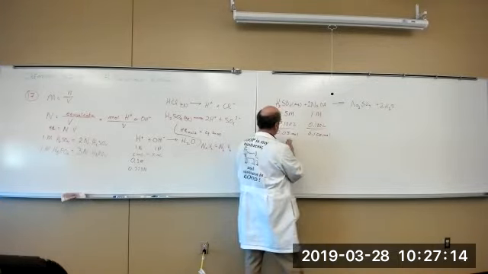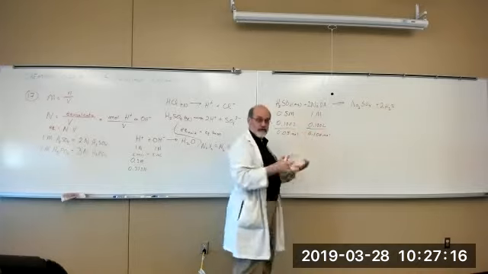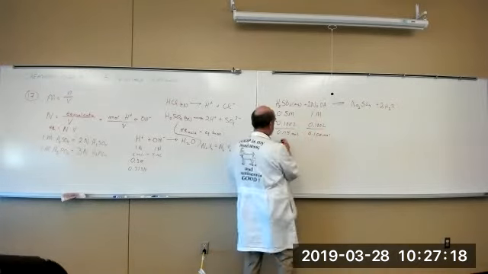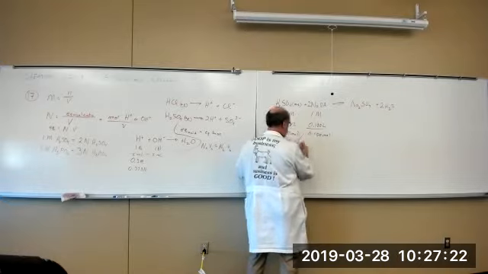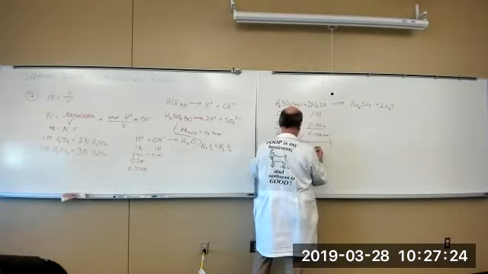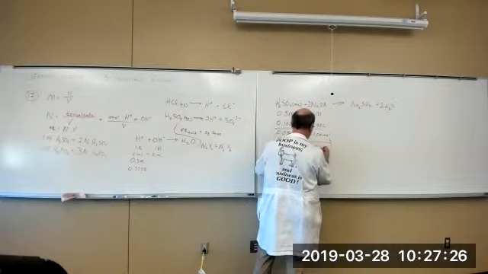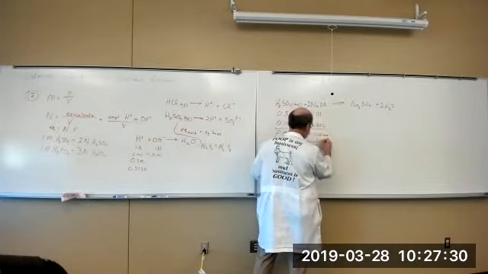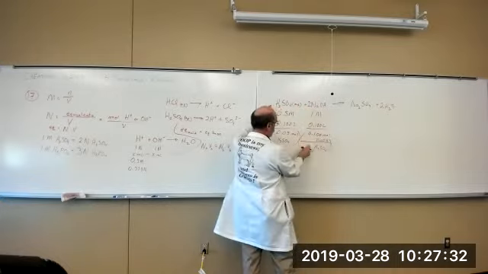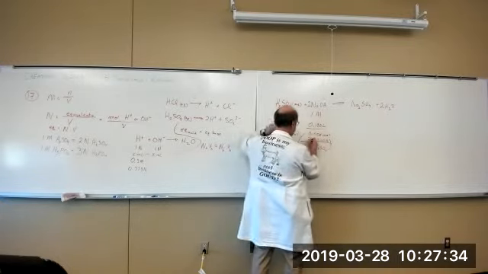So, what's the ratio? Well, if we want to convert this one to that one to see if they're equal, you just say this one right here and do your conversion. So you have H2SO4 on the bottom, sodium hydroxide on the top. So we have 1 of these, 2 of those.